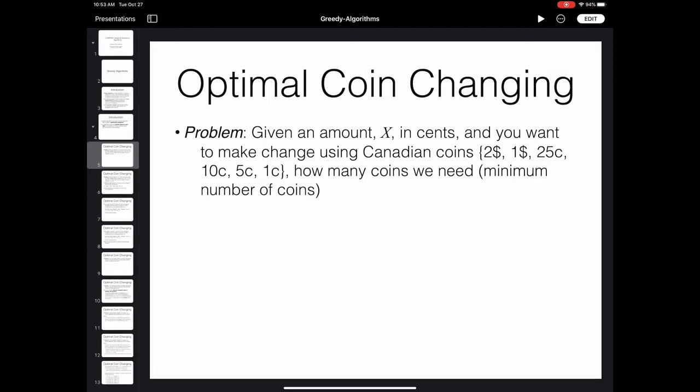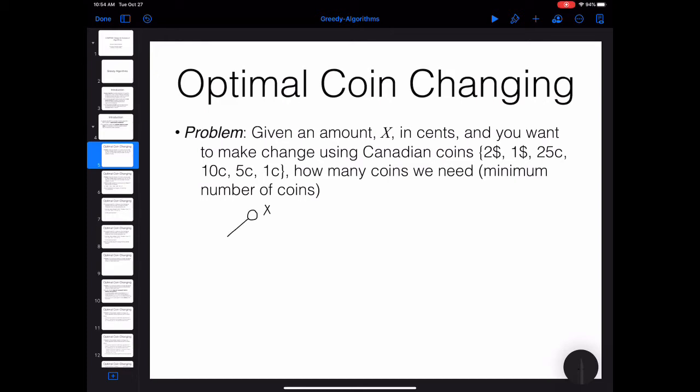If I'm going to do it the way we did for dynamic programming, you are going to change X amount of money, right? You start with the X amount and you are going to change it. In the dynamic programming case, you would do the complete search.